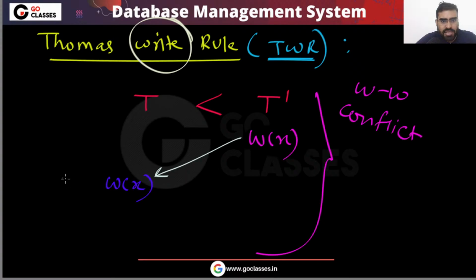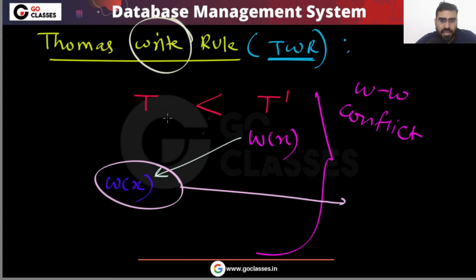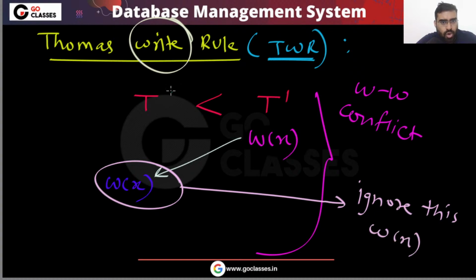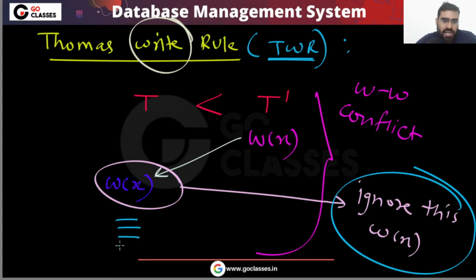In this change, we ignore this T. We don't roll back here. We just ignore this WX. No rollback. Don't roll back this T. Just ignore this WX and continue.